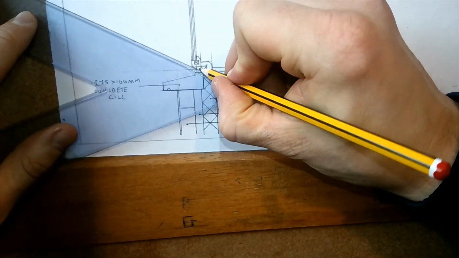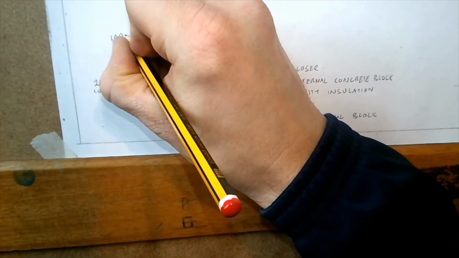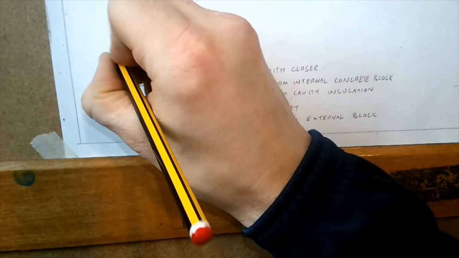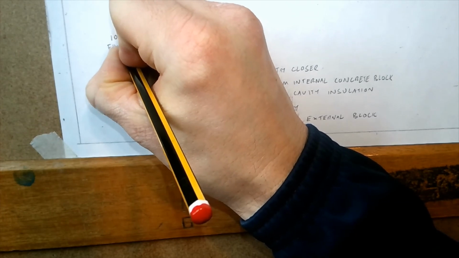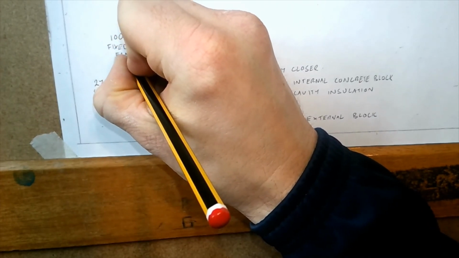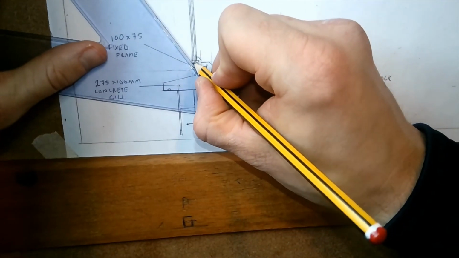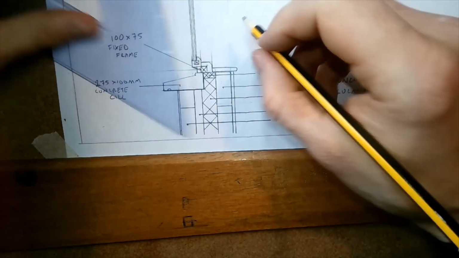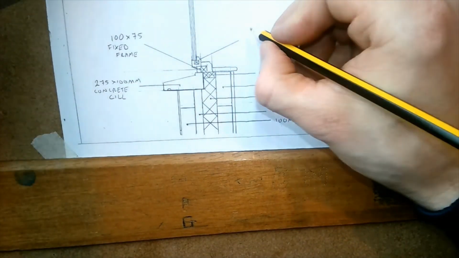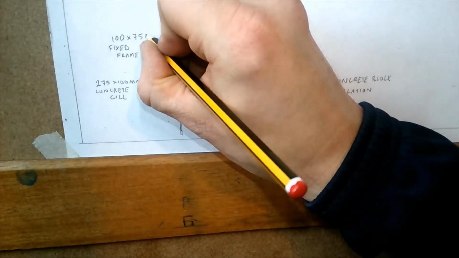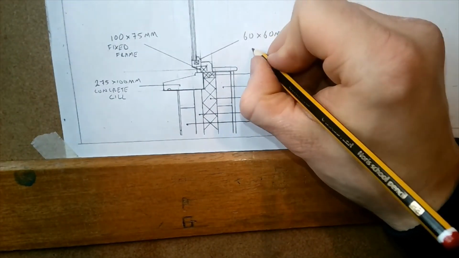So, 100 by 75 fixed frame. And then this part of the window, I'll come off this side. We can say 60 by 60 millimeters bottom rail.